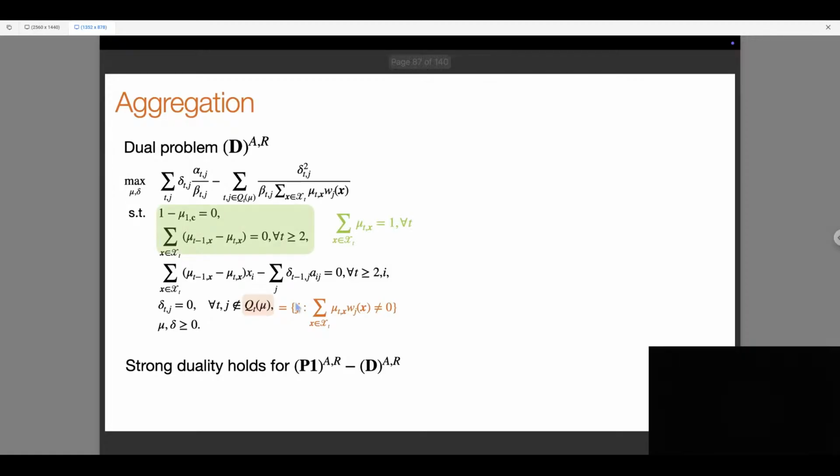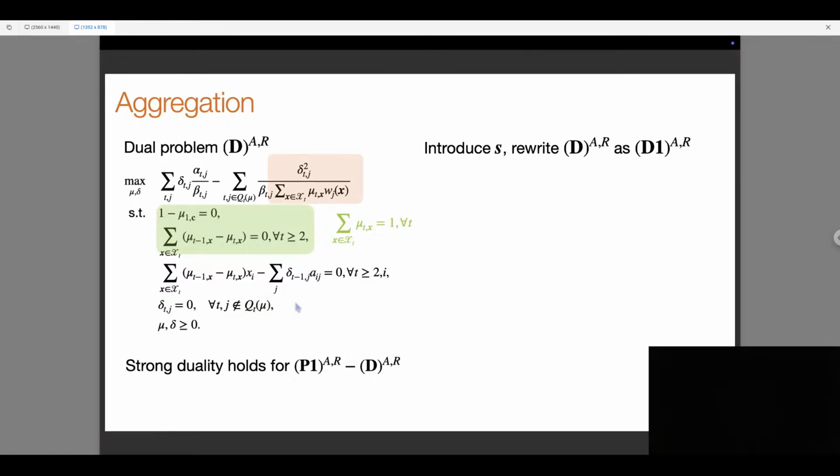And observing the first two constraints, we can conclude that the summation of mu tx over x equals 1 for every time t.